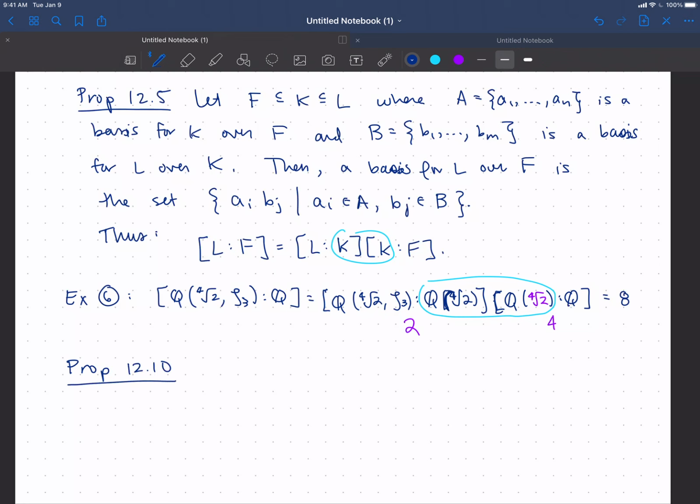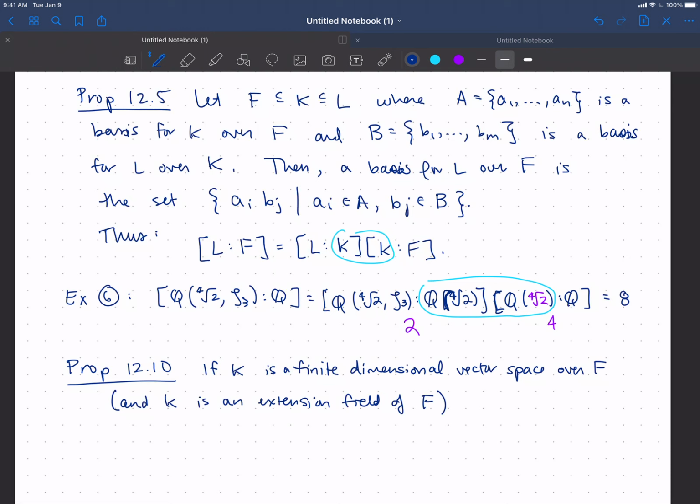Proposition 12.10 says that if K is a finite dimensional vector space over F, and K is an extension field of F, and if little k is an element of the field K, then a couple things happen.